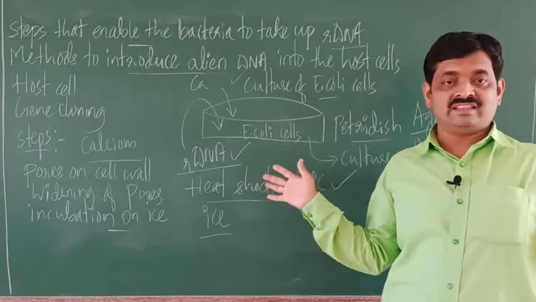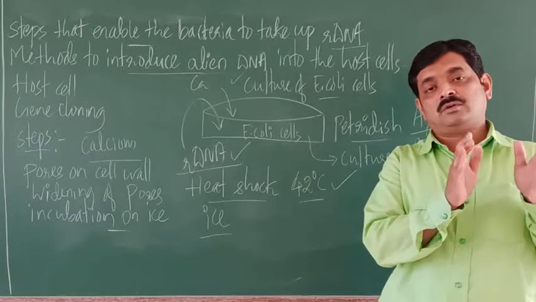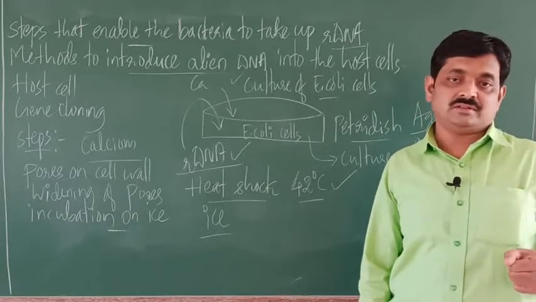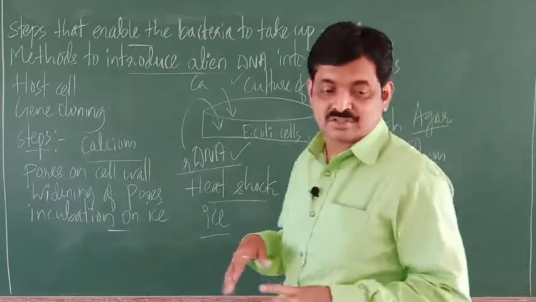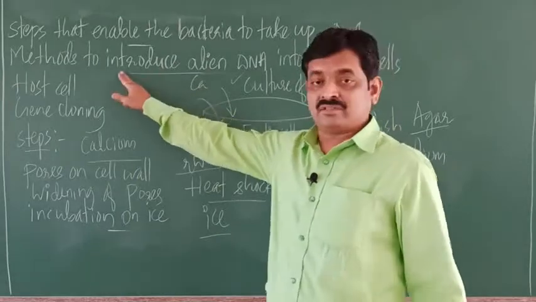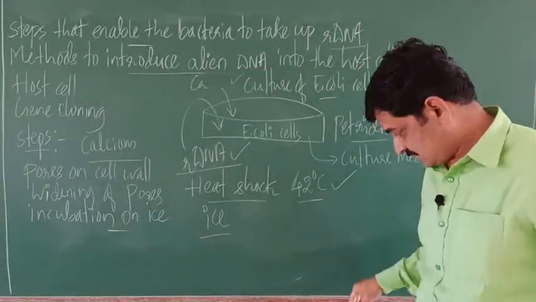By these treatments, recombinant DNA enters the host cell and gene cloning takes place, right? I hope these steps are very much clear to you. Then next we will consider the methods to introduce alien DNA into the host cell.